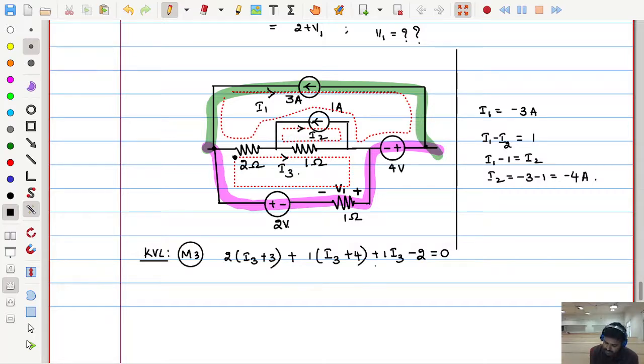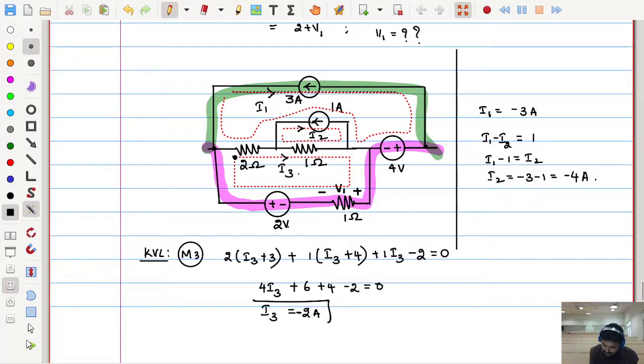Now quickly find how much is I3. This is 2 and 1, 3 and 1, 4 I3. Next, how many constants are there? Let me write as it is first: 2 times 3 is 6, and here 4 is there, here minus 2 is there. How much is I3? I3 is 8 by 4, that is 2 amperes, but negative, right?